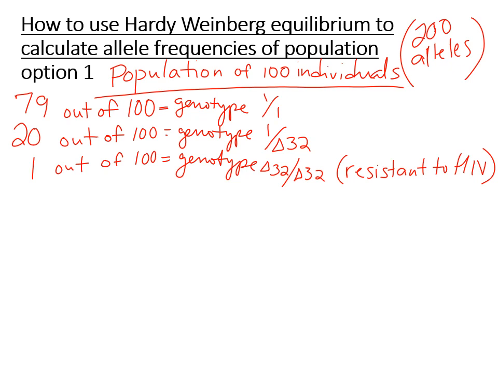These people with delta 32 genotype have a mutated form of that receptor, and so HIV cannot properly recognize and bind and infect those people's cells. If you're heterozygous for it, you won't be fully resistant to HIV, but HIV in these people may progress slower.